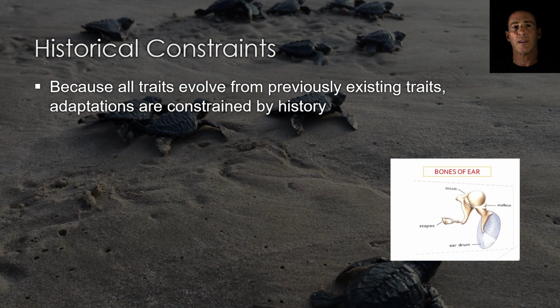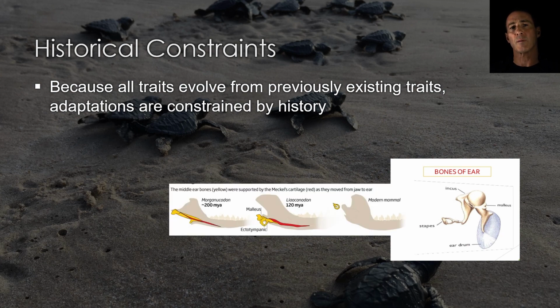For example, the incus, malleus, and stapes bones found in your middle ear evolved from bones that made up part of the jaw in the ancestors of mammals. These bones now function in transmitting and amplifying sound from outer ear to your inner ear.